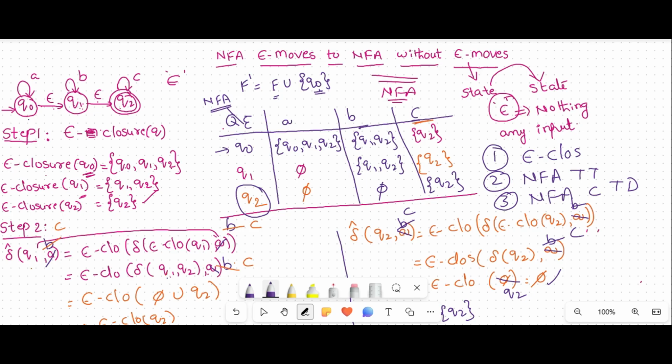In our example, epsilon closure of Q naught contains the final state Q2, so Q naught is also a final state, remember. Now the NFA without epsilon moves has two final states, while originally it had one. If you don't understand this, move back and watch the reason again. This is the final state finding in NFA without epsilon moves.